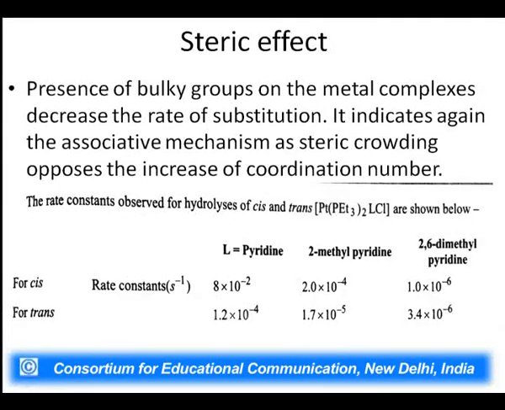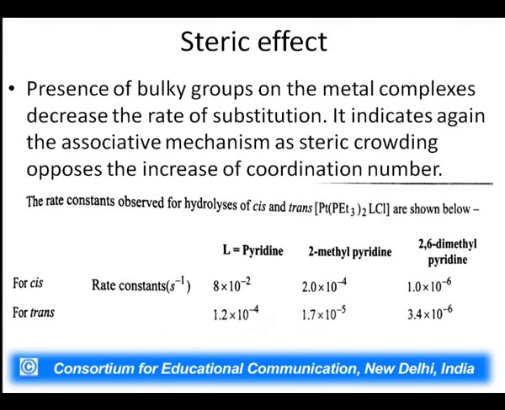Similarly, when we talk about the steric effect, if more bulky groups are present on the metal complex, the rate of substitution decreases. What does it mean?